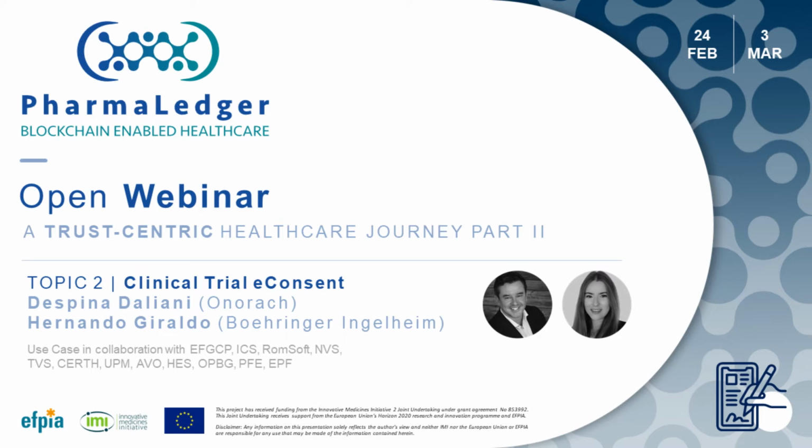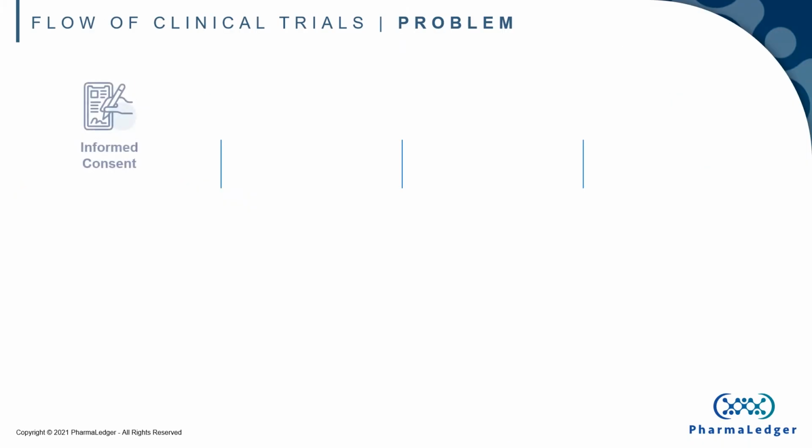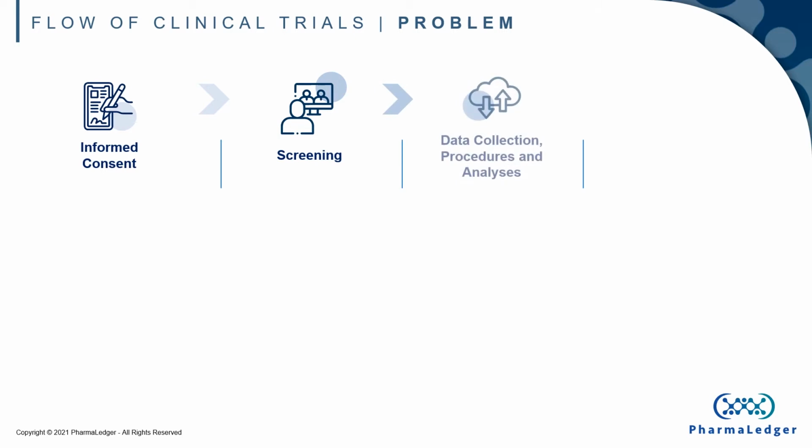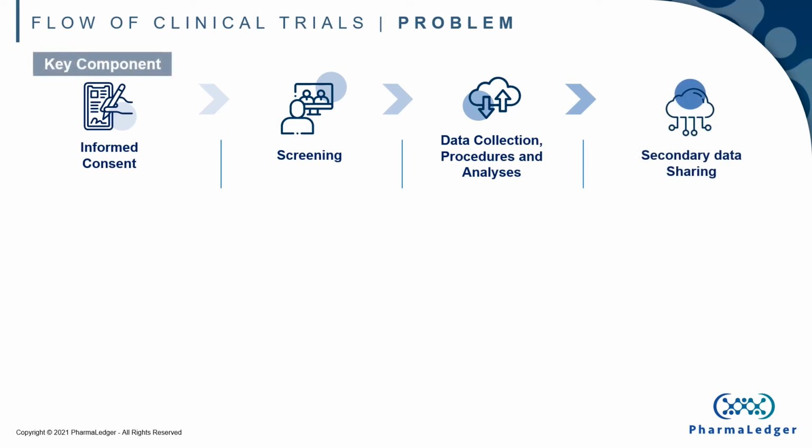Thank you, Hernando. My name is Despina Dayani, and I'm the other co-lead for the use case for the e-consent. So before we take you through the informed consent process, we would like to explain the clinical trial process after the participant has been approached. The trial participant initially has to be informed on the study, and the informed consent has to be obtained confirming a voluntary participation in the study.